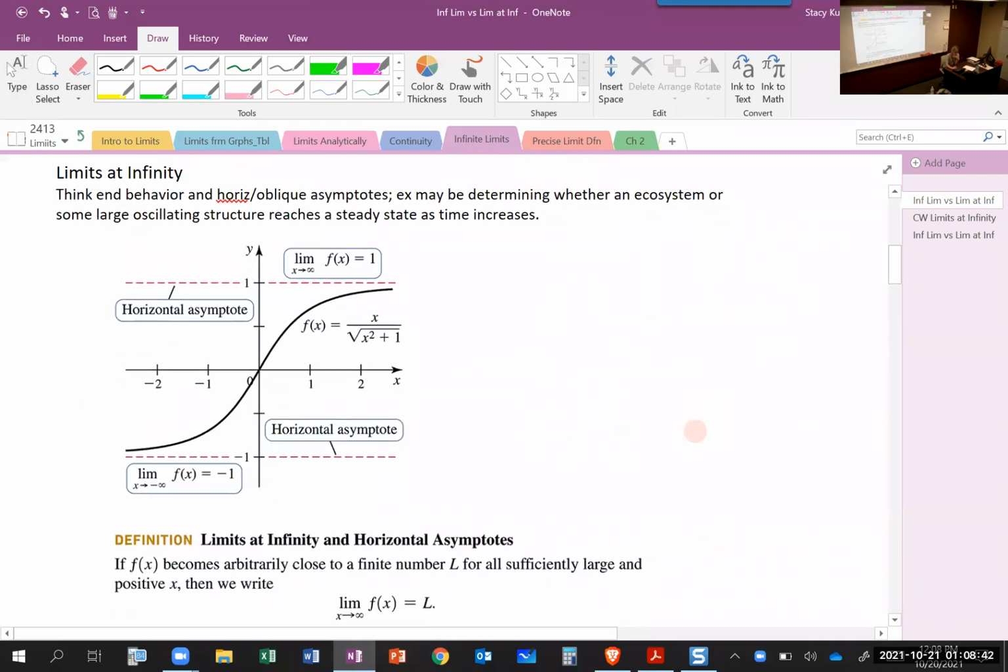So when we look at limits at infinity, we're actually thinking about end behavior, okay? And we saw it just a second ago. Isaiah, what was that function? It was x over x squared plus 1? Yeah.